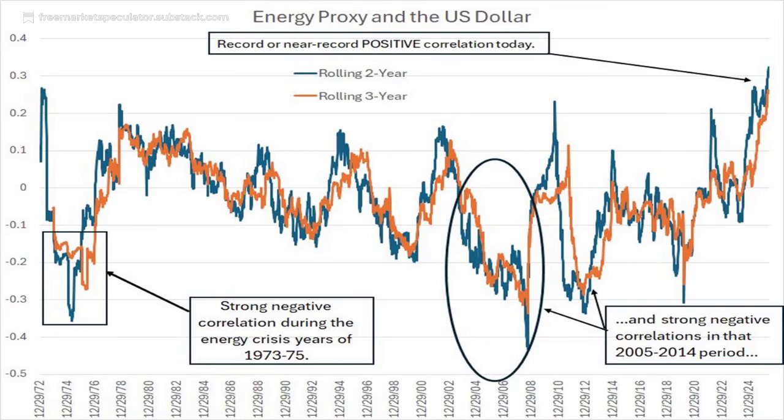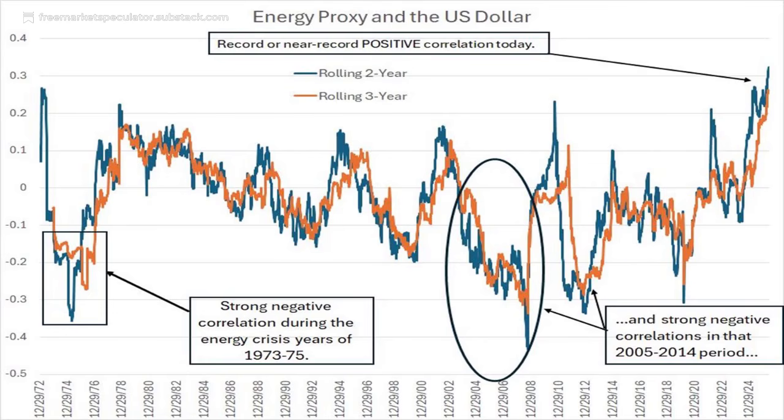First, there's a period from roughly the early 2000s and around 2014 where the energy proxy was negatively correlated to the dollar. A weak dollar was bullish for energy stock outperformance, and vice versa. And second, right now, the energy proxy and the dollar are showing record-setting positive correlation.